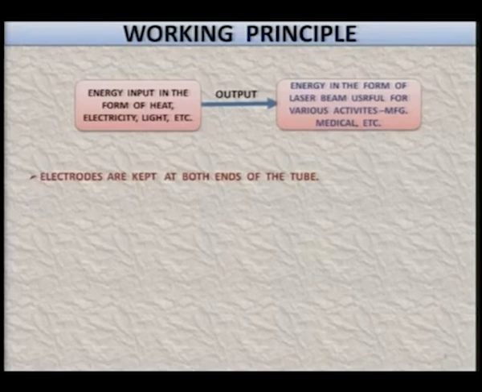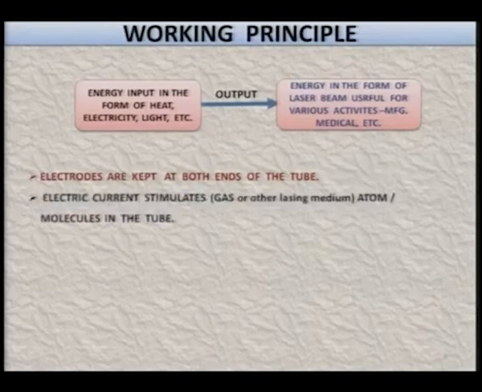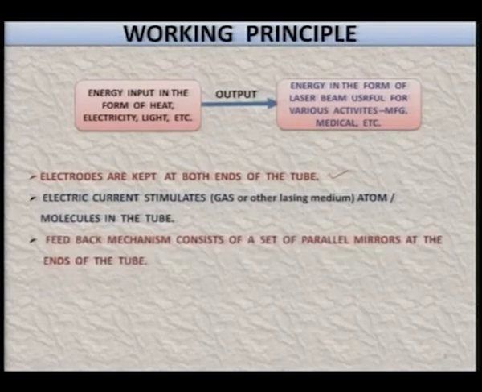Electrodes are kept at both ends. I will explain how the laser is formed in the gas medium, that will be shown to you in the following slide. In this slide, you will find that the electrodes are kept at both ends of the tube. Electric current stimulates gas or other lasing medium atoms or molecules in the tube, and then there is a feedback mechanism, as I have explained in the earlier slide, that consists of a set of parallel mirrors at the ends of the tube.